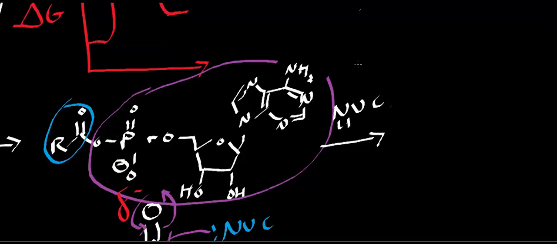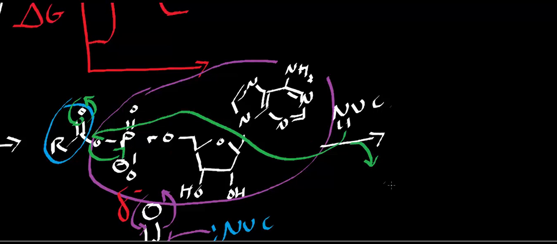Let me do it in a different color so you know what I'm talking about. If I put a nucleophile in here, it's going to hit this carbon, right? Pi bond kicks up, reforms, and it kicks off all this business. So nucleophile comes in, AMP goes bye-bye, and so what I'm left with is this: the R, or the alkyl chain, and the nucleophile.